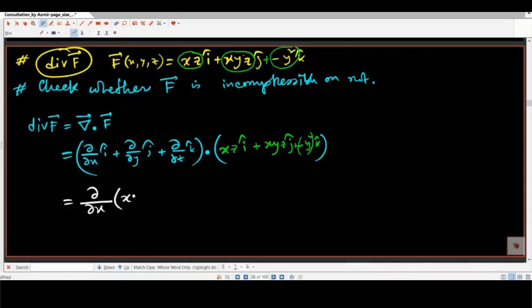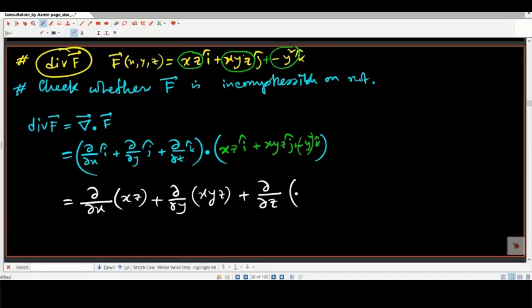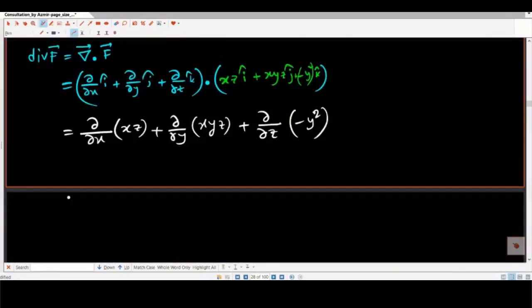It will be convenient to write plus dy of the second component, xyz, plus dz of the third component, minus y squared. So we can see that we have to do the partial derivatives. First, let's do this one.